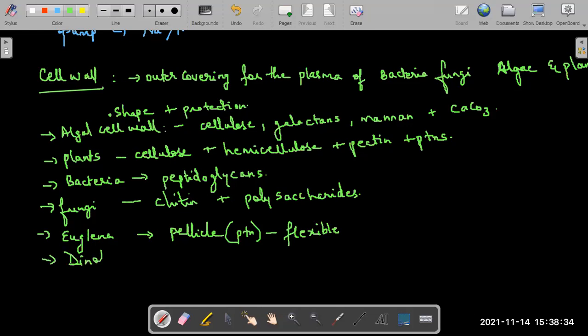Dinoflagellates. Across all the organisms you are learning, you will have to know what a cell wall is made up of. They have stiff cellulose plates. All this composition of plants and algae is very important.